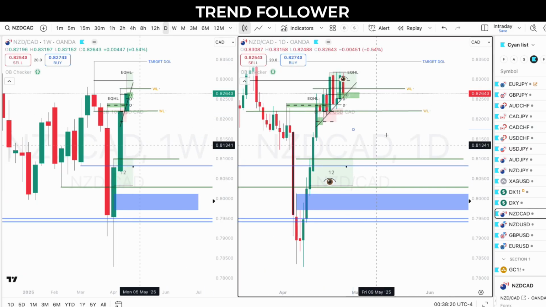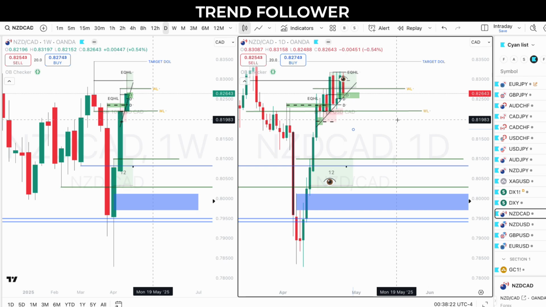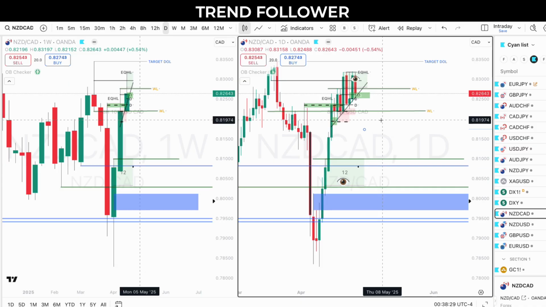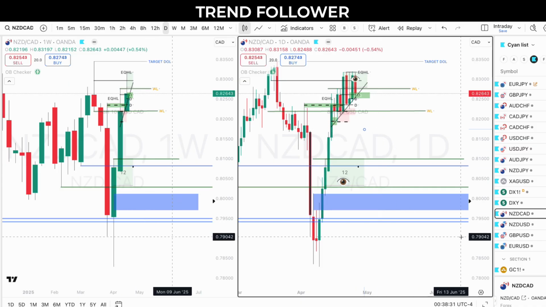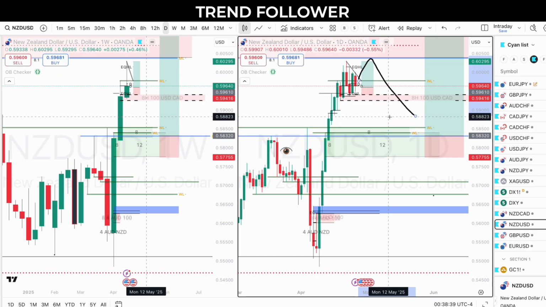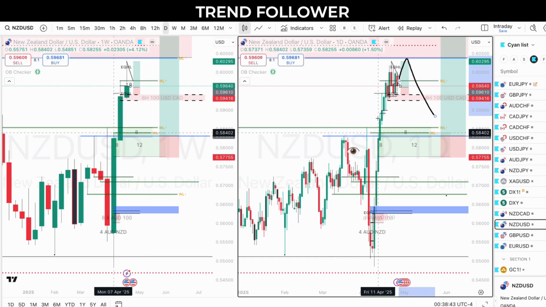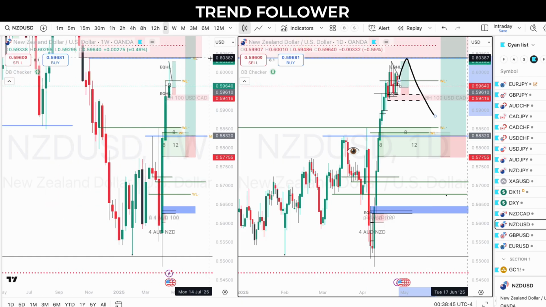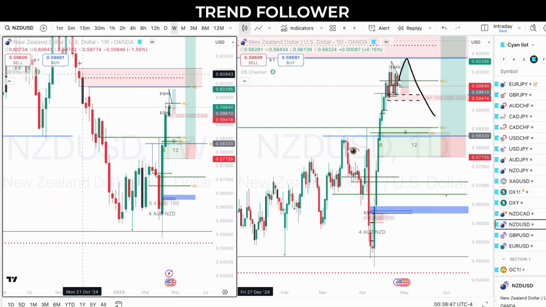I think that's it. I had some other trade ideas with CAD and USD. But I have a feeling like I don't want to confuse you guys. With CAD in particular and USD in particular, I think it can go up and then come down, right? But you can play these when DXY, because there's a weekly supply here, right? Right here.